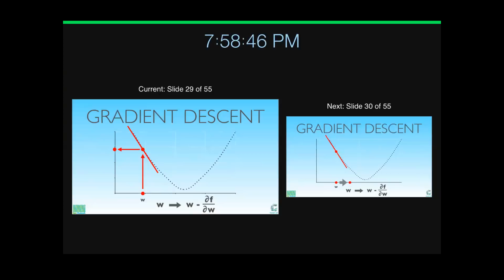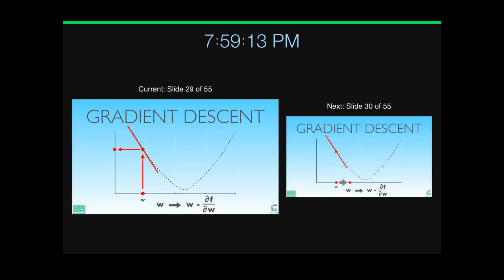Does this work? Well, let's see. Let's say I'm here. So the gradient, this derivative, for those of you who know math, is it positive or negative? In this particular case, the slope is negative, right? It's pointing down. So this term here, this fancy thing here, is a negative number, less than 0.